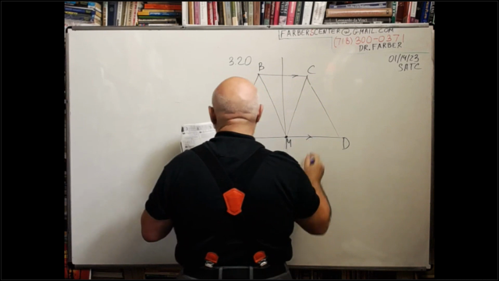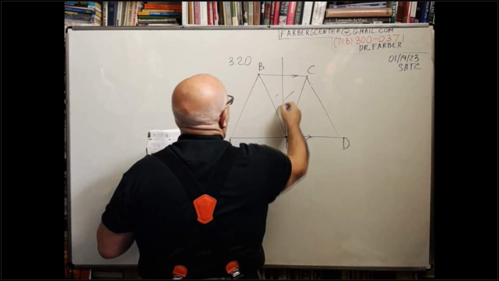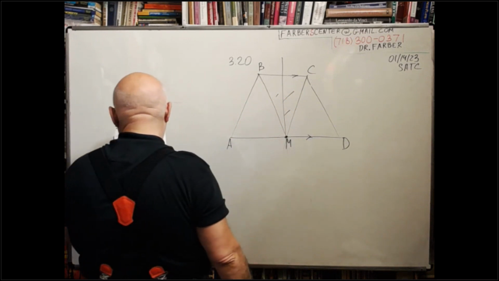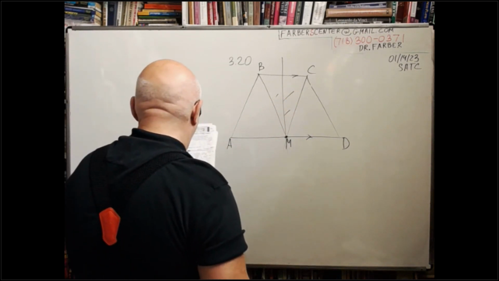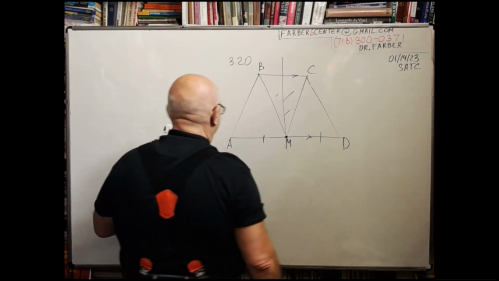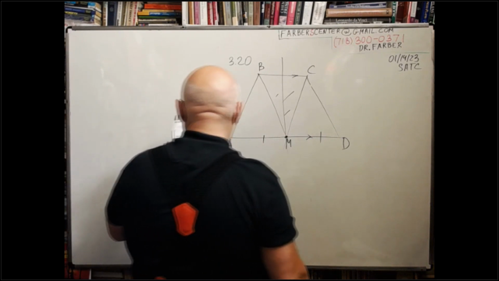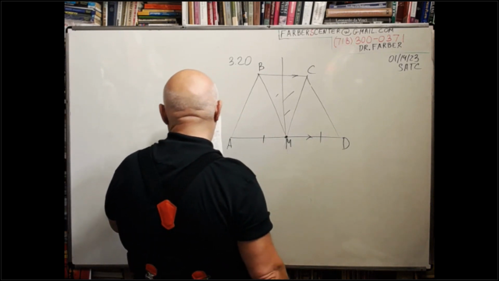Two lines are parallel. And this is shaded. M is the midpoint. This and this equal to... AD equals to 3. Where is AD?